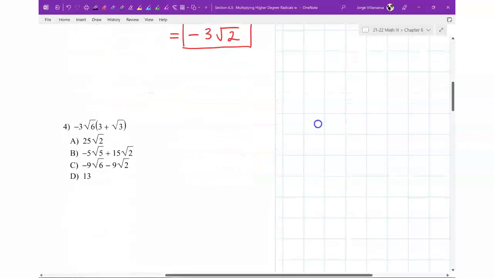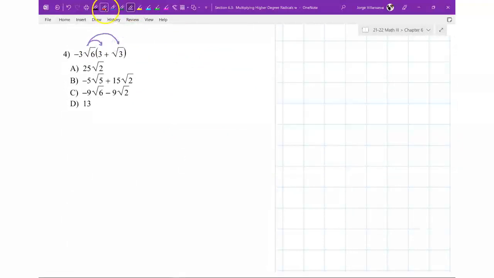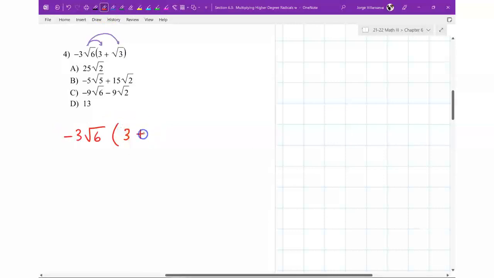Now, you can distribute with these things. I mean, look at question number 4. You are able to just distribute in. So let's go ahead and do that. So negative 3 radical 6 times 3 plus radical 3. Now, if it's a normal number, you multiply it in the front. If it's a square root, you multiply it inside the square roots.